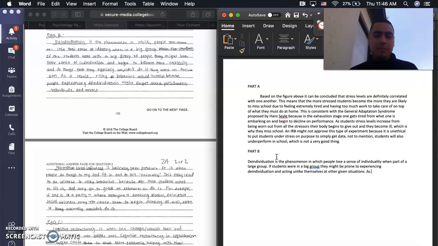As a result, risky behaviors would increase because the individual does not feel a sense of individuality, so it is easier to act reckless.